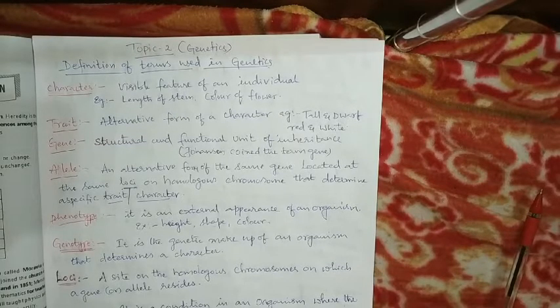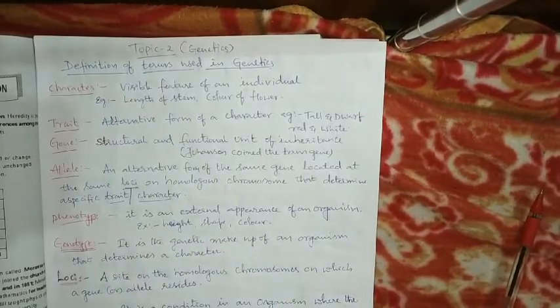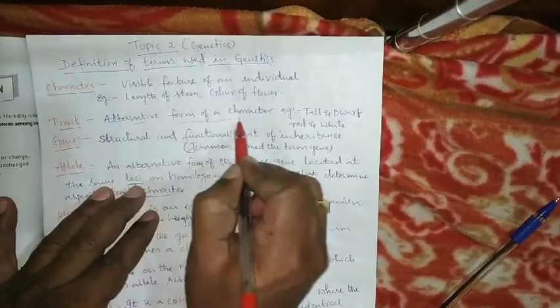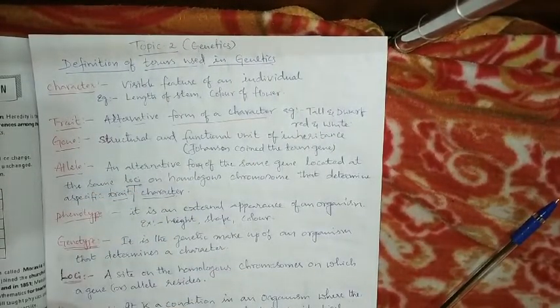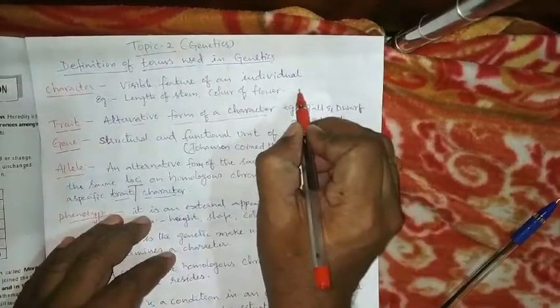The next term is trait. Trait is an alternative form of a character. Alternative form means, for example, we selected one character, that is height.